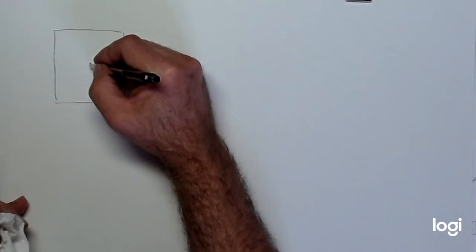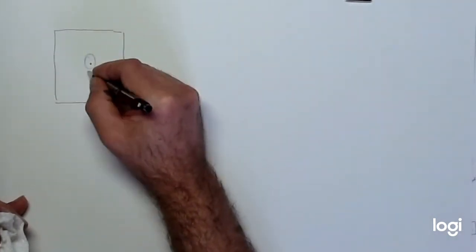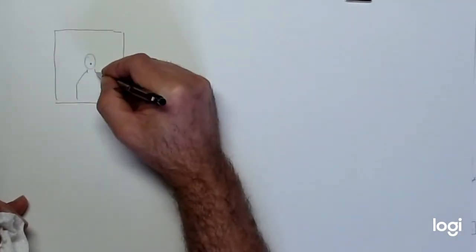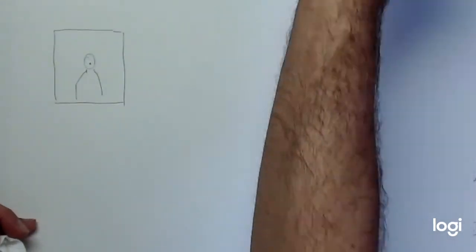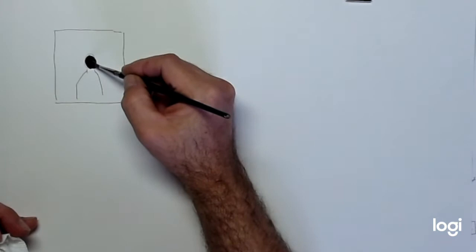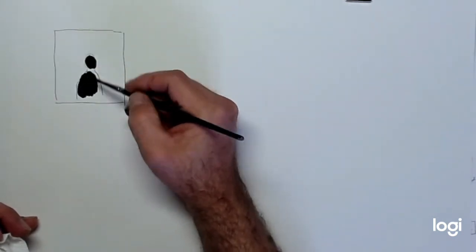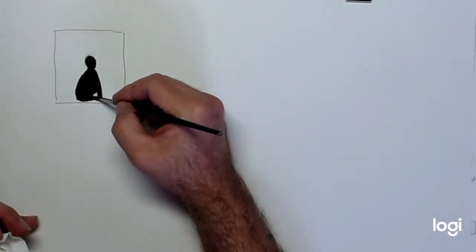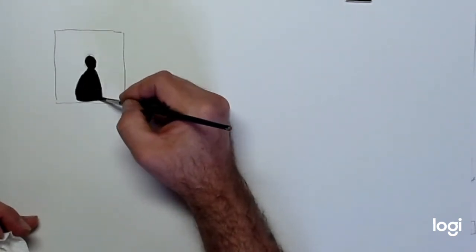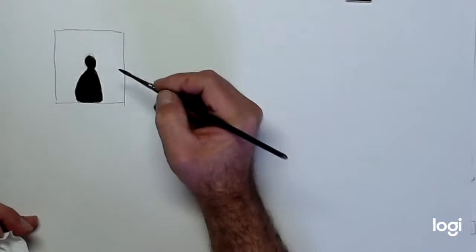If I take and place a person right in the center of this composition, that has a certain quality. It has a certain sort of power and quality.